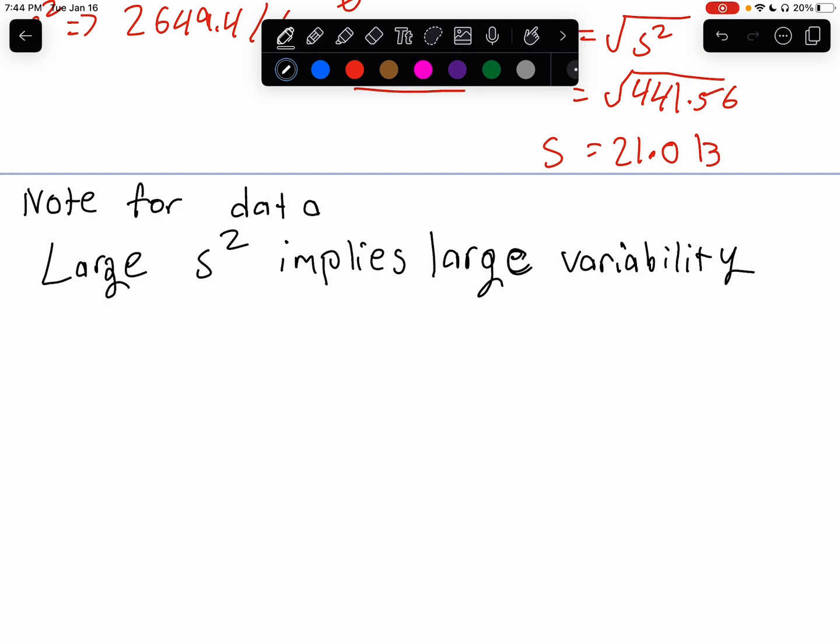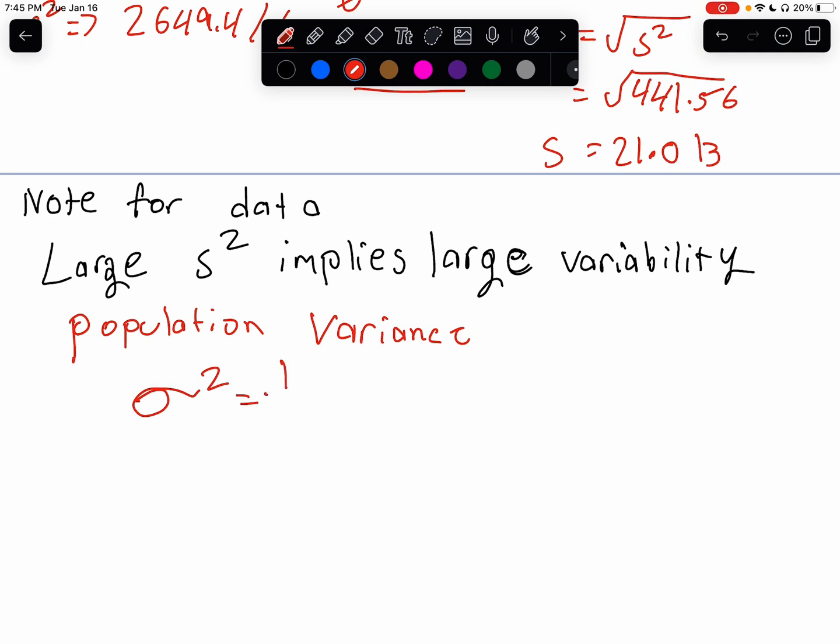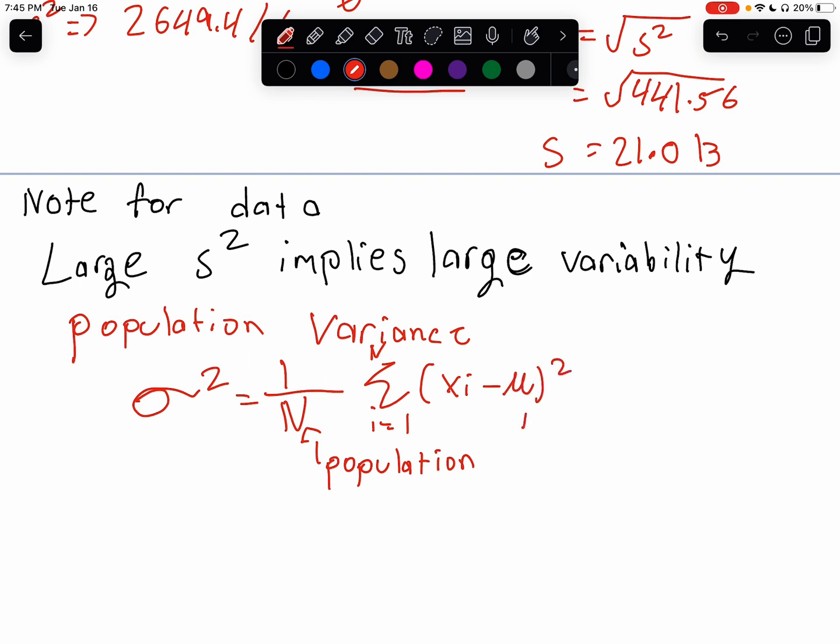Now we have a new topic, population variance. It includes this symbol, squared, 1 over n, which remember, we said is standard for population, times the sum of all the n values, with i equals 1, of xi minus mu squared, where mu is the mean.